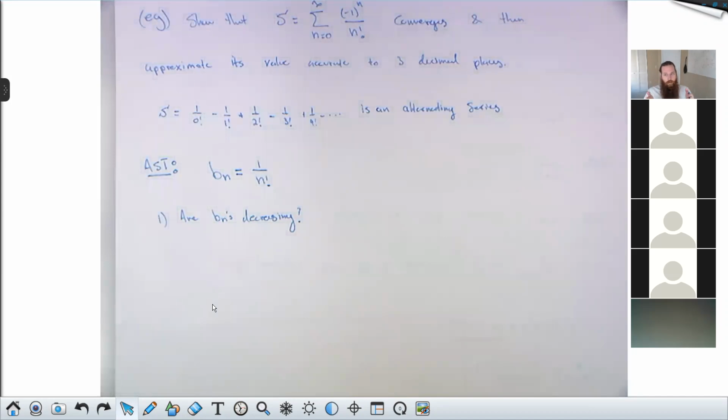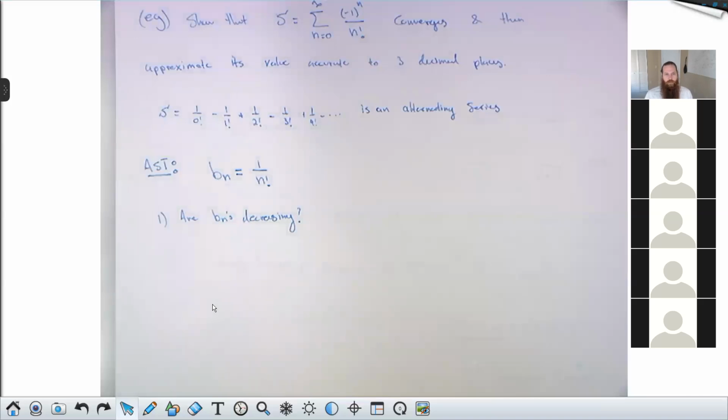So if you're thinking about the picture, that picture is for a series that we know passes AST. We don't know that about this series yet. So we have to show that that picture applies to this series. Then we can use the theorem. To show that the picture applies, we need to show that the BNs are decreasing and have limit 0.